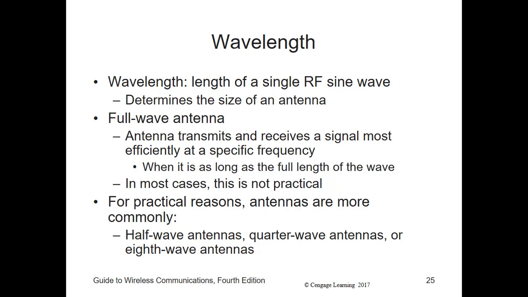For practical reasons, antennas are more commonly designed to be as long as an exact fraction of the wavelength. These are what we call half-wave antennas, quarter-wave antennas, or eighth-wave antennas. Though not as efficient as full-wave antennas, these smaller antennas work well enough to ensure reliable transmission and reception.